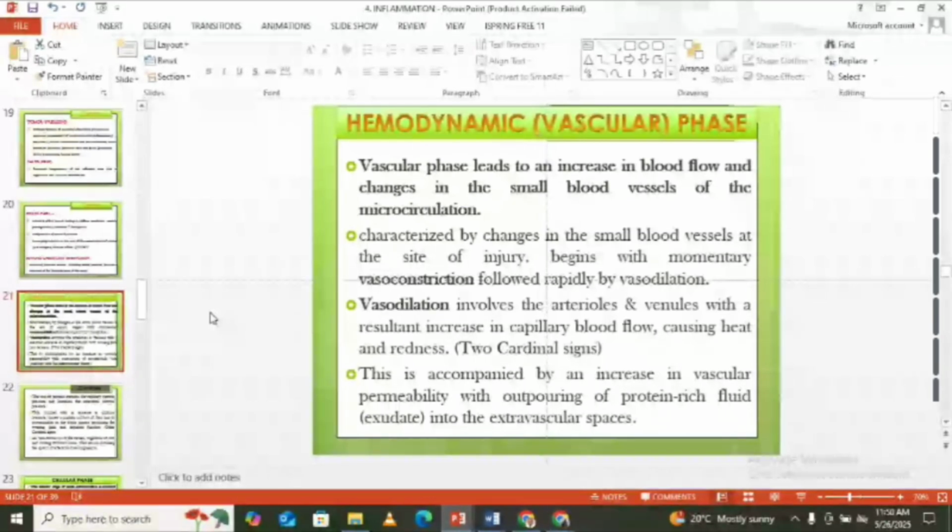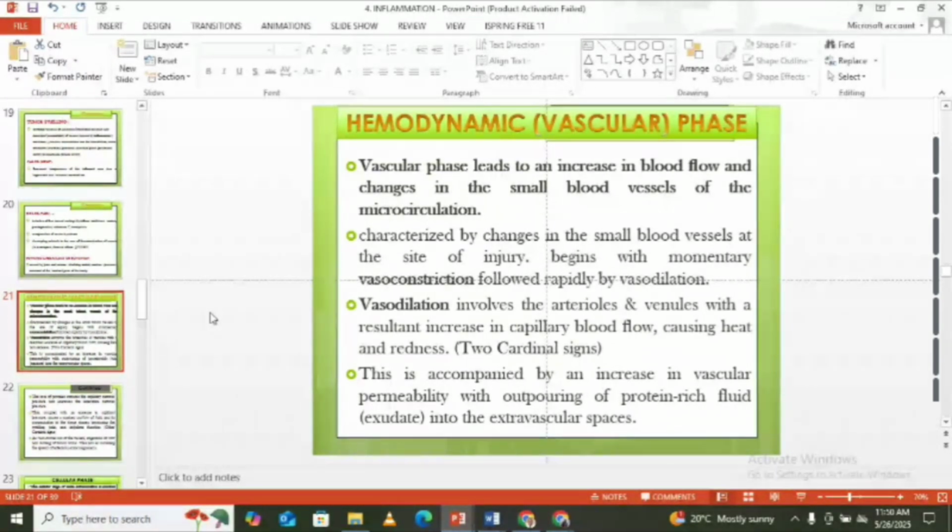So, usually, what happens during the hemodynamic or vascular phase, the key events here, is that there will be vasodilation. That means there will be increased blood flow to the area. The increased blood flow, of course, is going to cause the heat and the redness, two of the cardinal signs that we've just talked about.